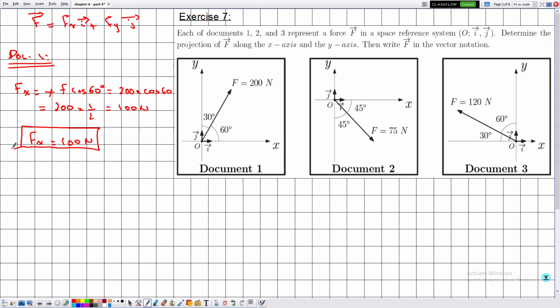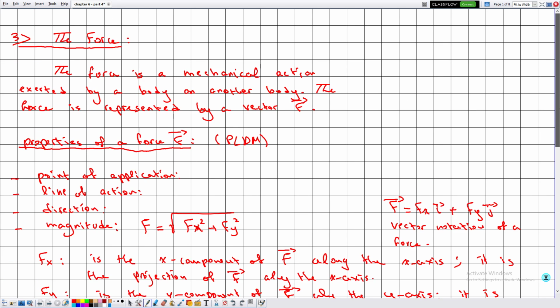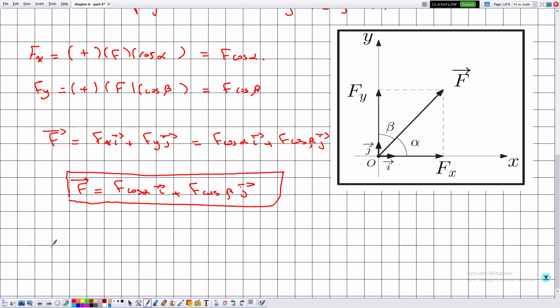And here, let me say that cosine and sine have no units. The unit of the cosine is equal to 1 and the unit of the sine is equal to 1.